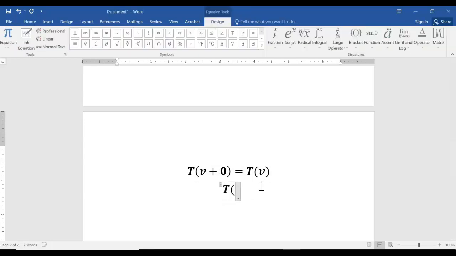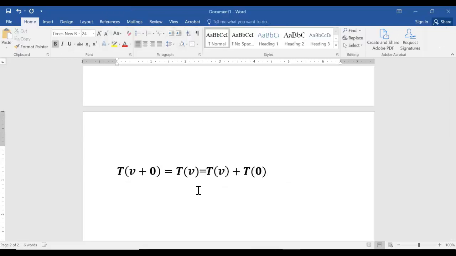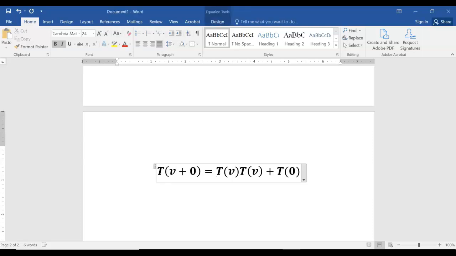Now, in order for a transformation to be linear, a linear transformation has to have this: t of v plus 0 be equal to t of v plus t of 0. Okay? So those two things have to be equal in order for this to be linear.